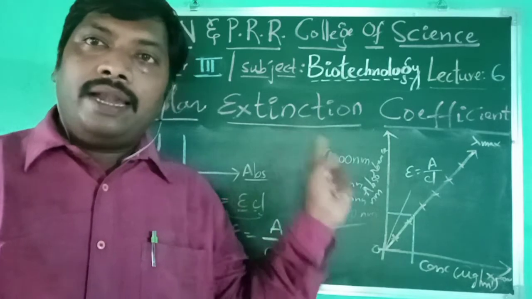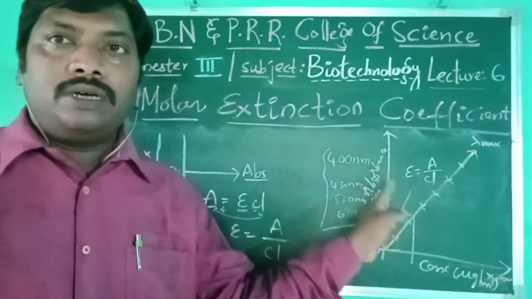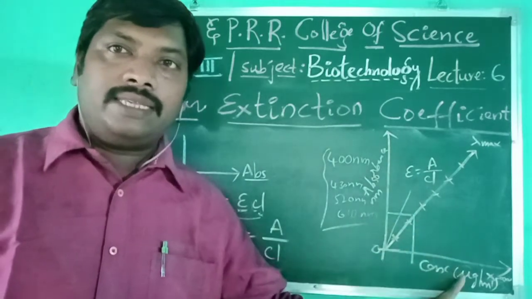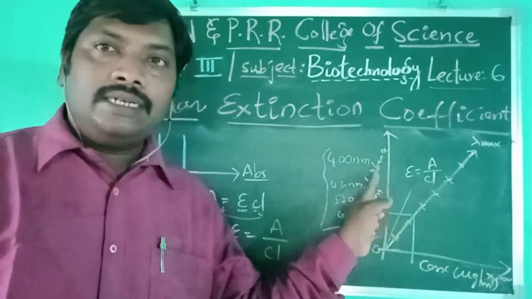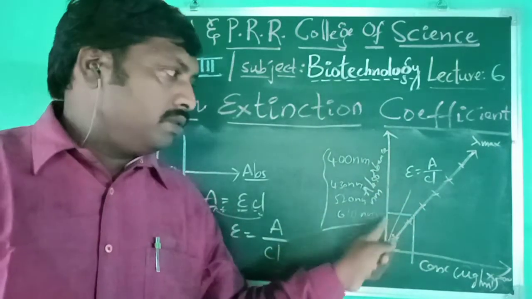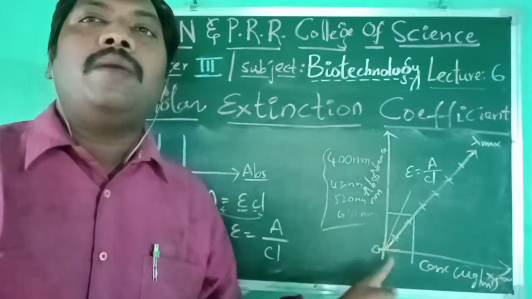According to Beer-Lambert's law, here is concentration versus absorbance. Concentration is on the x-axis and absorbance on the y-axis. The concentration versus absorbance is represented graphically to produce a plot.